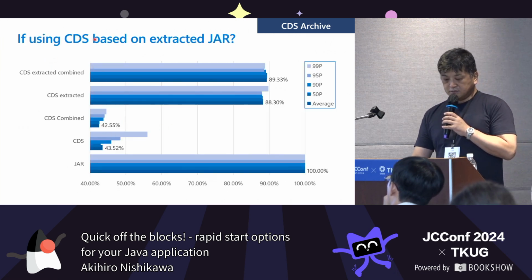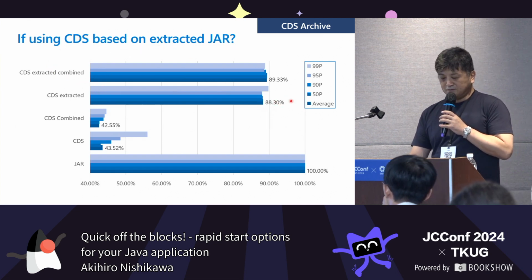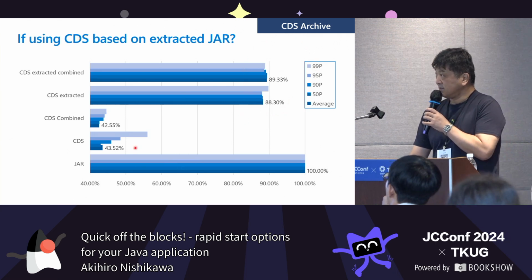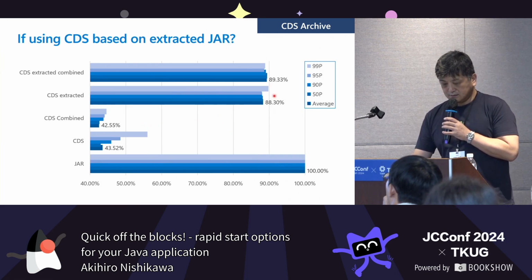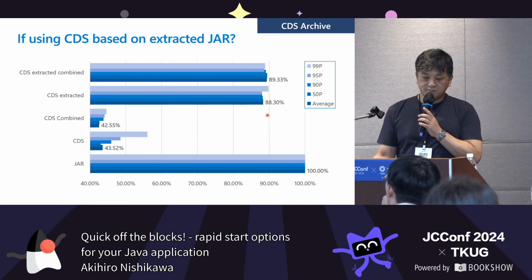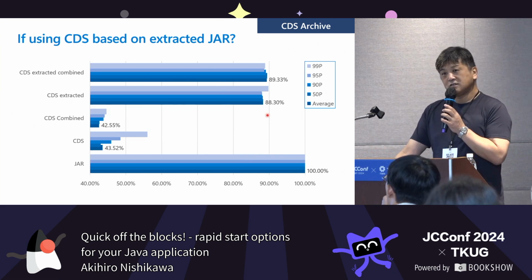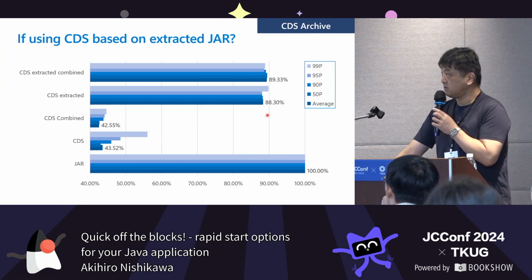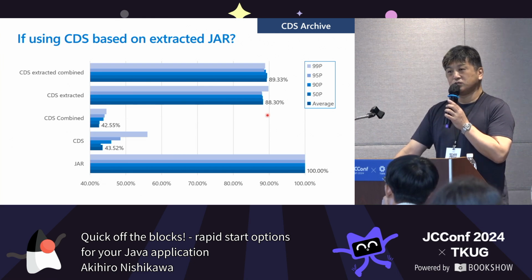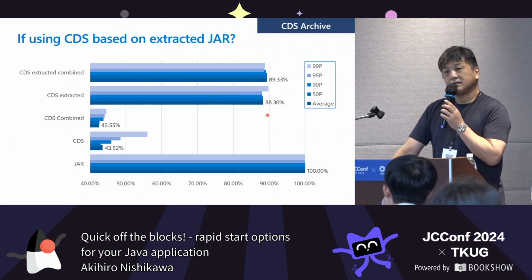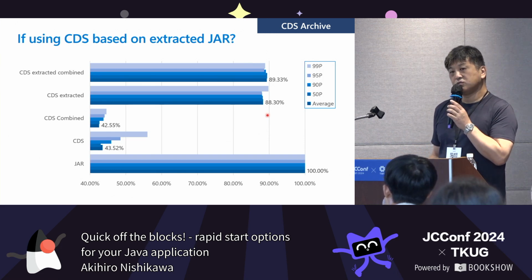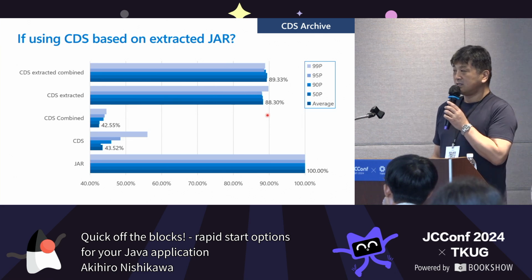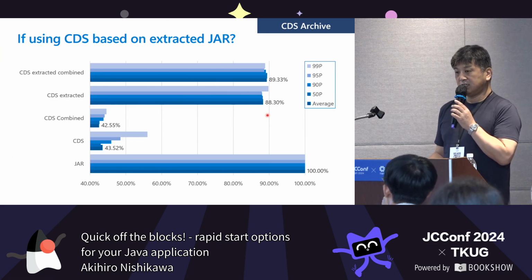In the case of extracted-jar-based CDS, performance is quite a bit slower than jar-based CDS. It is similar to jlink or the executable jar. So if you would like to use CDS from now on, I recommend you use jar-file-based CDS.